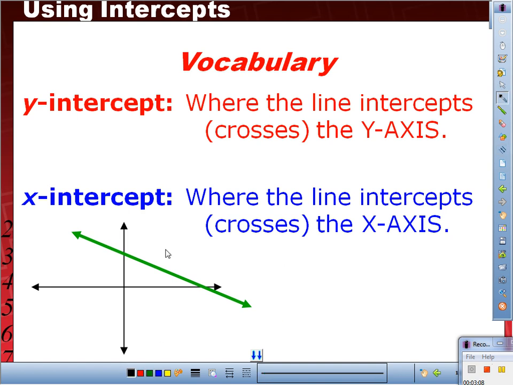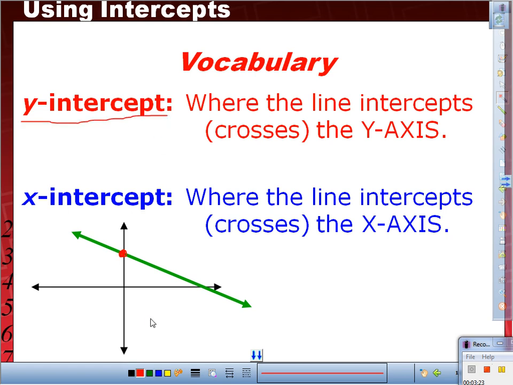So, the y-intercept is where the line intersects or crosses the y-axis. Does everybody see the y-axis here? That means where this line crosses, this point is known as what? The y-intercept. Are we there so far? How about where the same line crosses the x-axis?